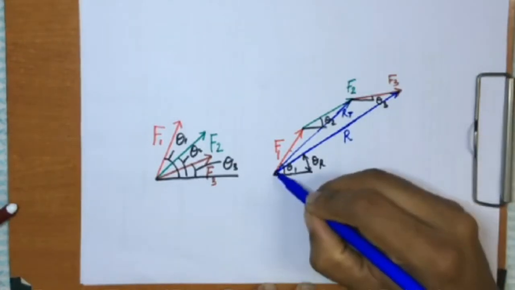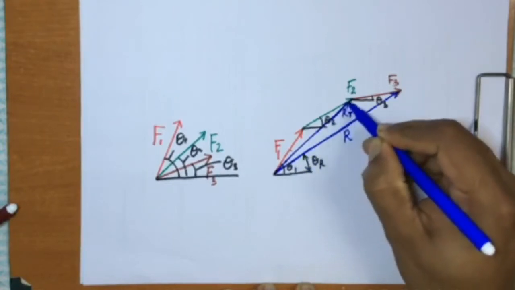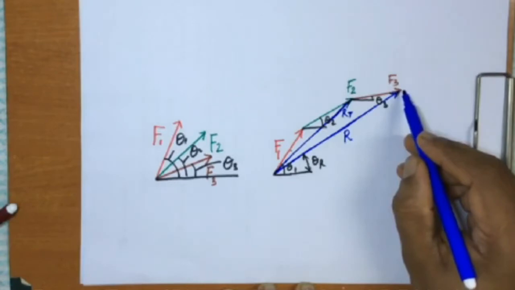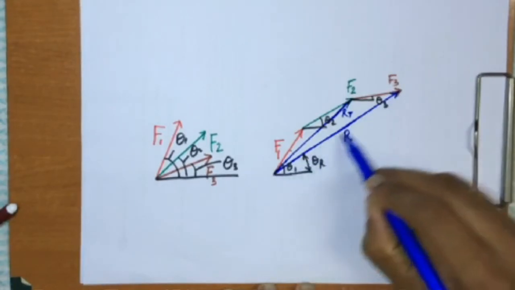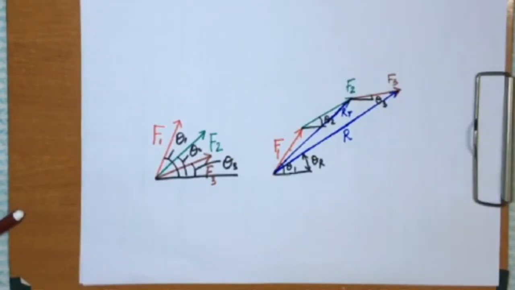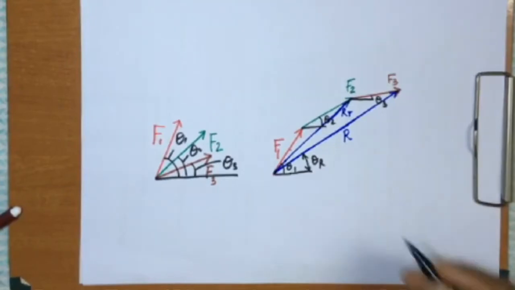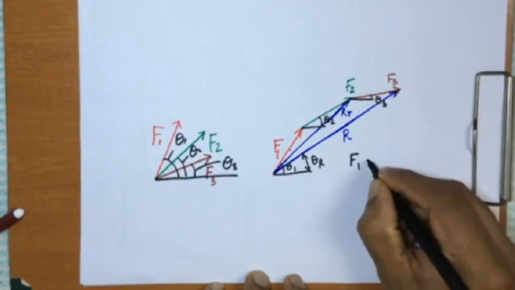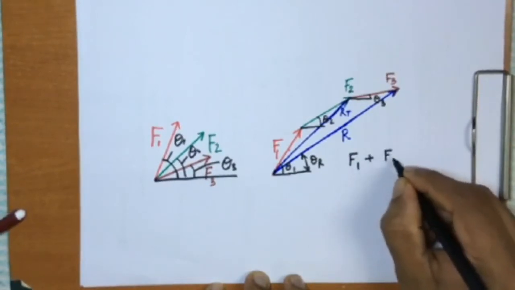Now the sum of this temporary resultant plus this F3, that is again yet another triangle law, will fetch me my R.